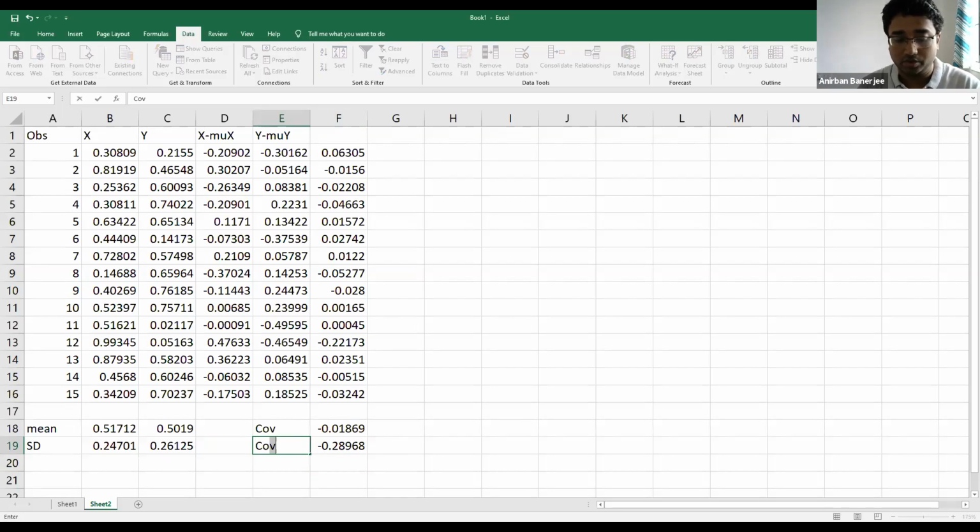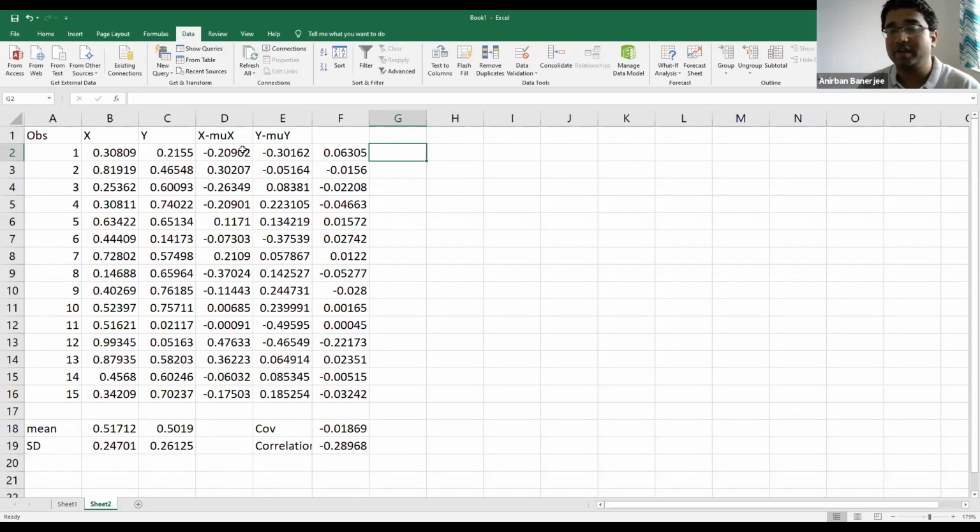So correlation is this one. Alternatively, as it was shown to you, you take x minus mu x as a whole square and y minus mu y as a whole square. Expectation you take, so basically you take the average of squares, you take the square root, and you get those values. So this is what we basically did, the sample counterpart. Expectation comes from the definition.